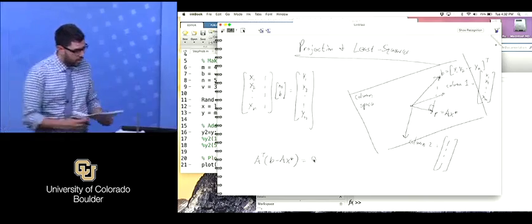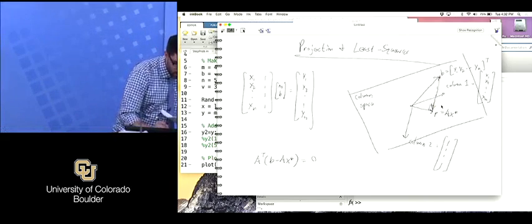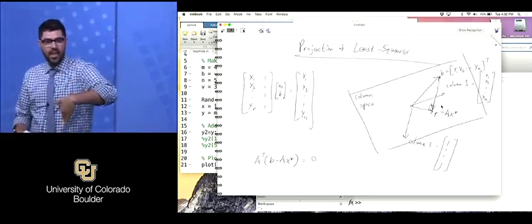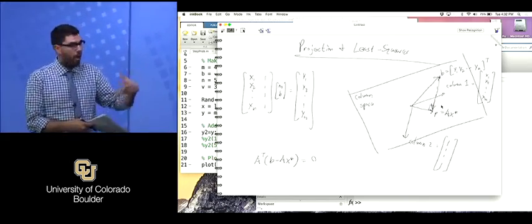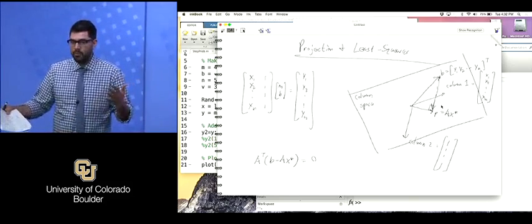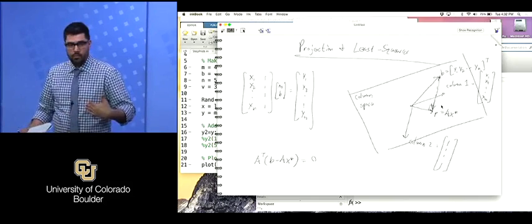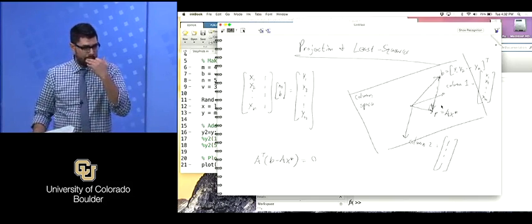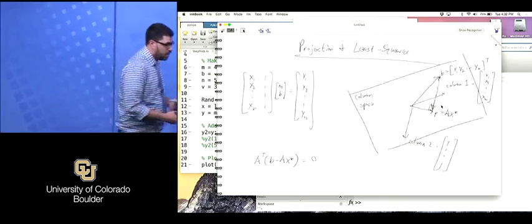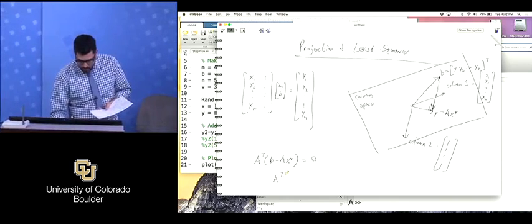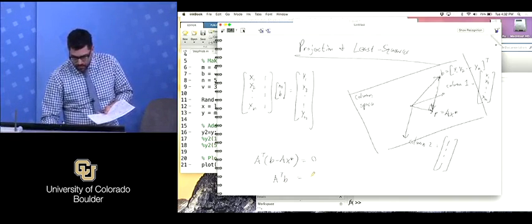Would you agree that I want B minus AX star inner product with A to be 0? Because that would give me my orthogonal projection. Yeah?